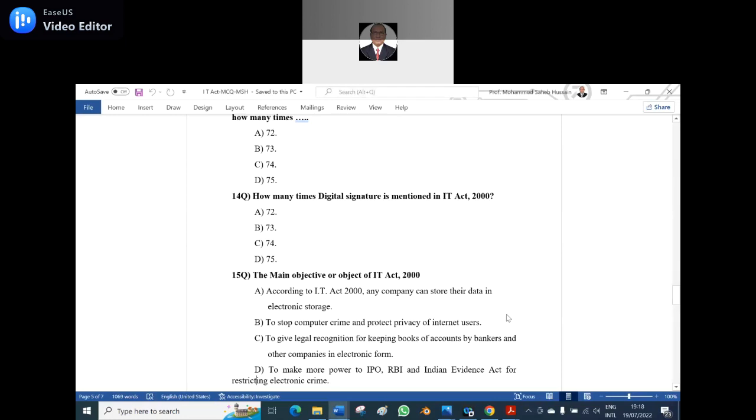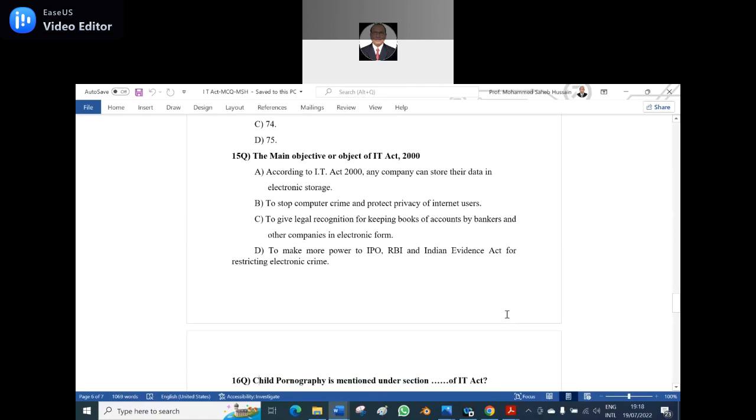D, to give more power to IPC, RBI and Indian Evidence Act for restricting electronic crime. Actually, I should miss one and ask you which one is the right answer, but the right answer is all of them. Is it clear? Yes, sir.